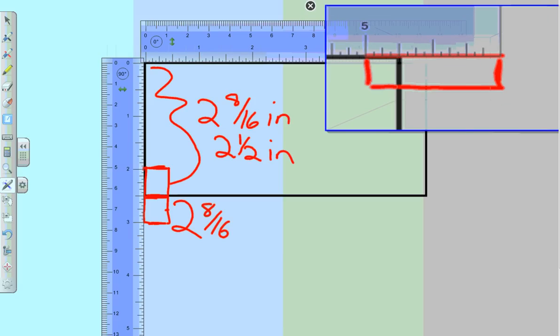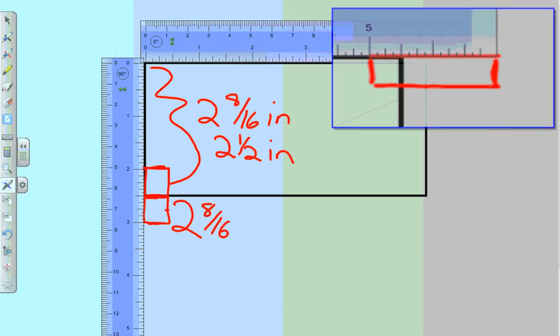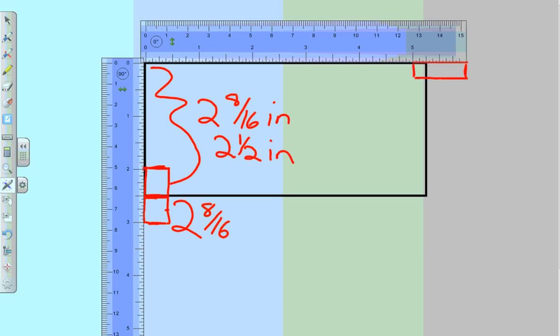Here, if I look at my little box, I'm going to have to divide it to find out the exact measurements of this length. It is 5, and when I make my division marks on the box, I have a halfway right here, and then if I actually divide it into 4 equal parts, you could see 4 equal parts right there. Using the red marker, I will mark each of those to divide it into 4 equal parts.